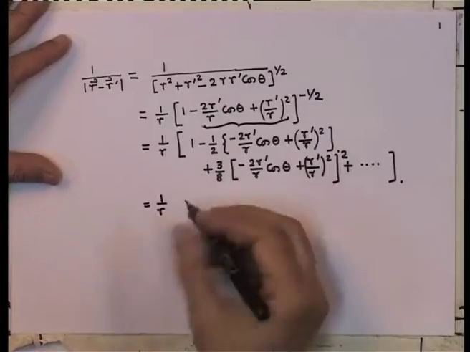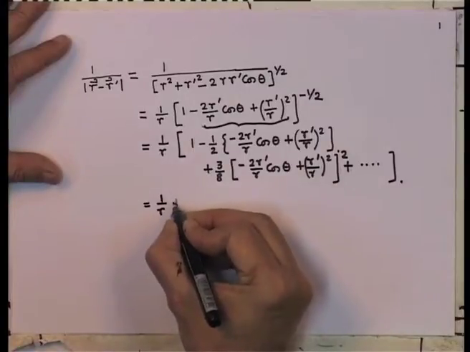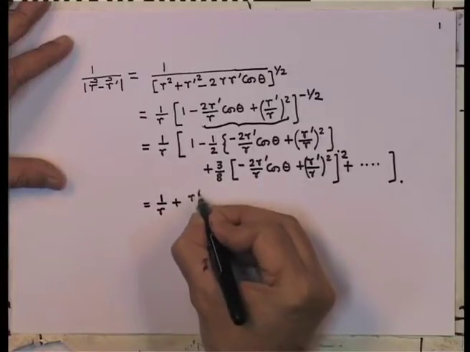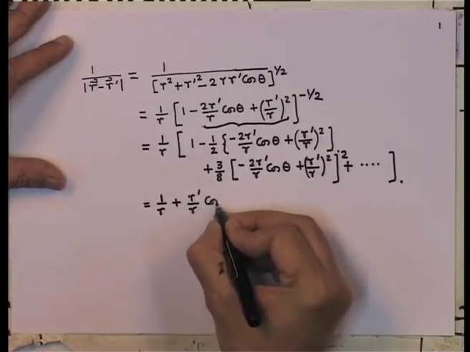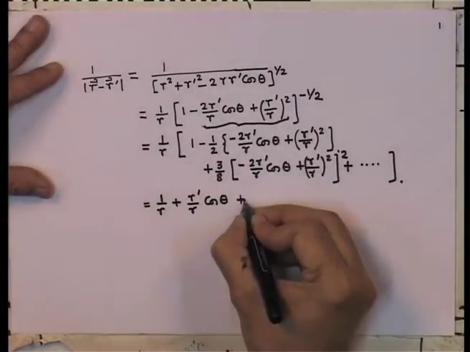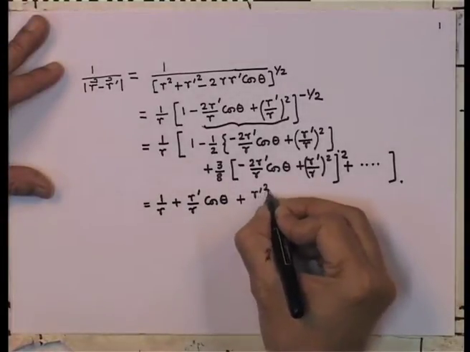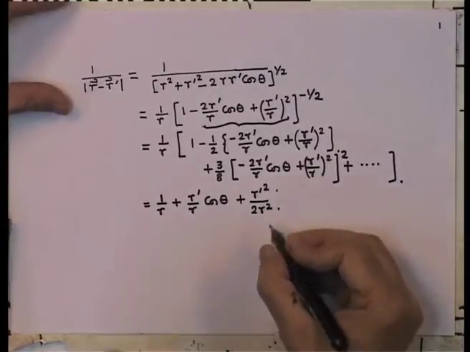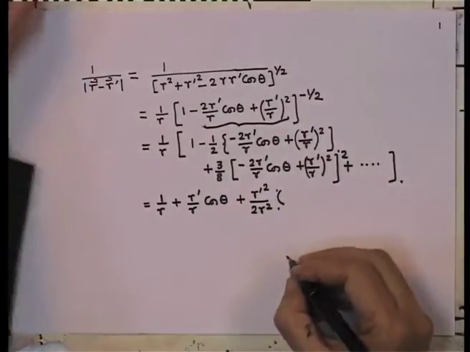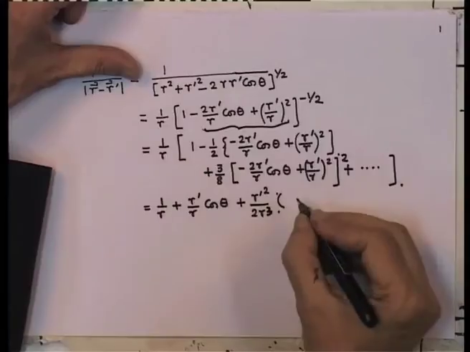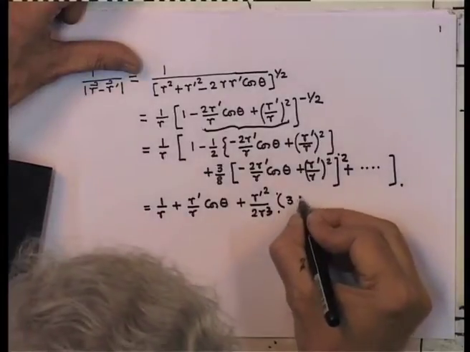So, I get 1 plus r prime by r cos theta. Now, plus I get r prime square by 2 r cube, actually it is r cube because there is already 1 over r there, into 3 cos square theta minus 1.